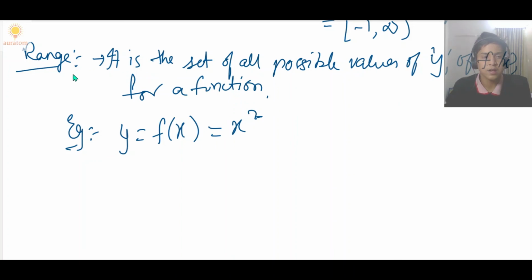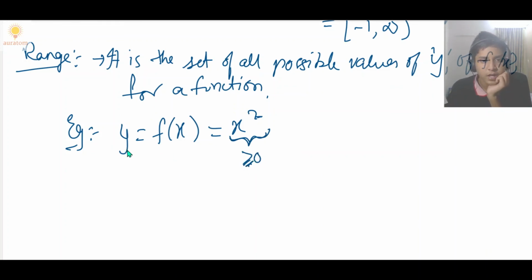What this range tells is what are the possible values of y for this function. Can y be anything? Can y be all the real numbers? I don't think so, because the square of any number should be greater than or equal to 0, right? So this term is always greater than or equal to 0.